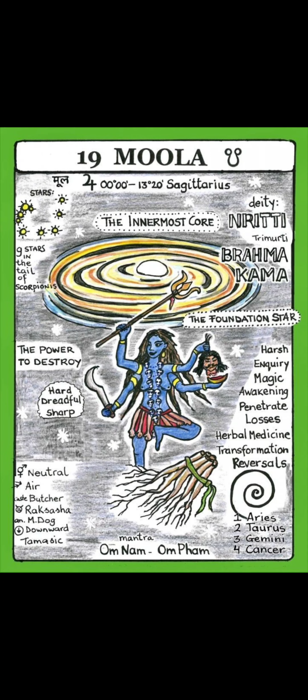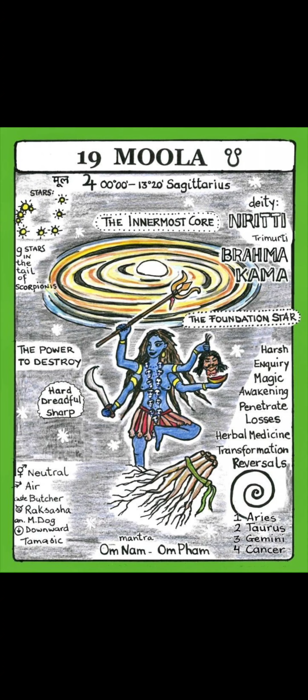And Gemini is where the energies are more intellectualized. The fourth pada is in a water sign, and this one is Cancer. And the energy in the fourth pada is introspection, spiritual transformation, or profound psychological transformation.